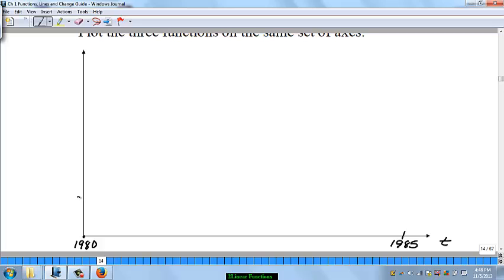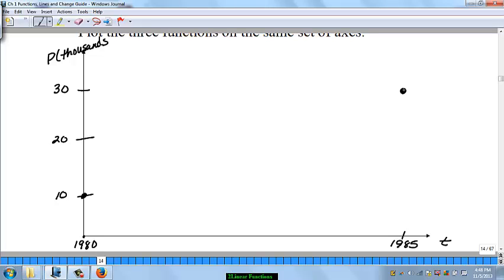And we're going to go 10, 20, 30, oh, that's a little bit close. 30,000 people. So this is a population in thousands. Okay, now I can start them all here at 10,000, and they're all going to end up here at 30,000, every single one.